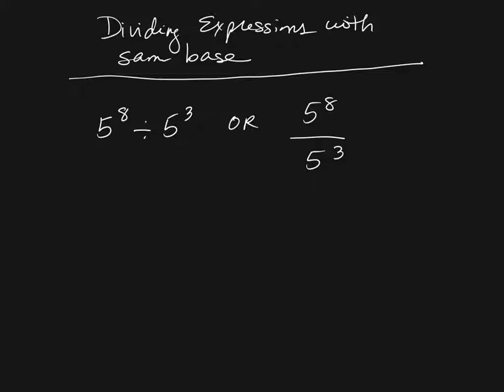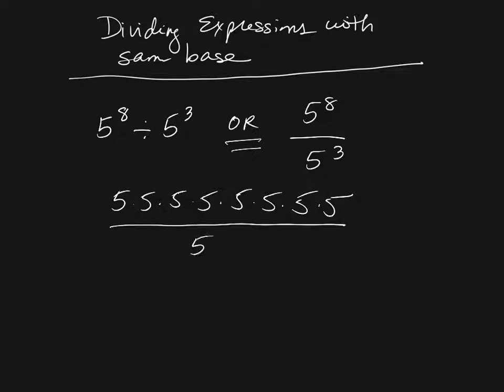So if I'm doing 5 to the 8th divided by 5 to the 3rd, which is the same as 5 to the 8th over 5 to the 3rd, right? That means division in both cases. You're counting 8 5's and 3 5's.